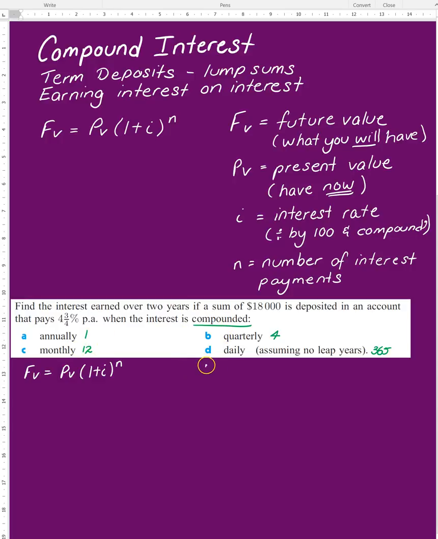So do we know the future value in this case? No, we're trying to find that. The present value is the amount that we have originally. So interest earned over 2 years, sum of 18,000. So 18,000 is our present value. We read on, the I we should be able to see. Now it's 4 3/4.